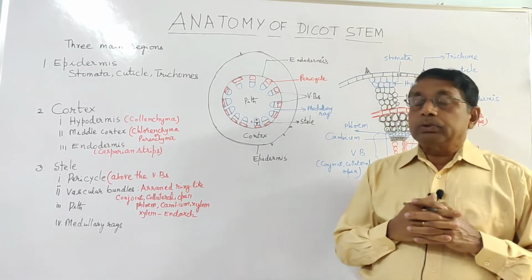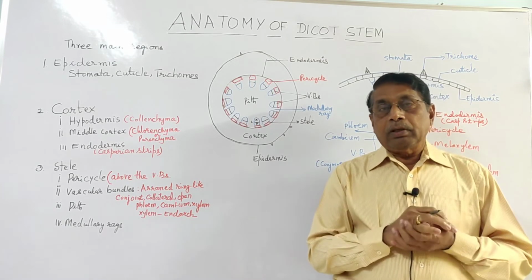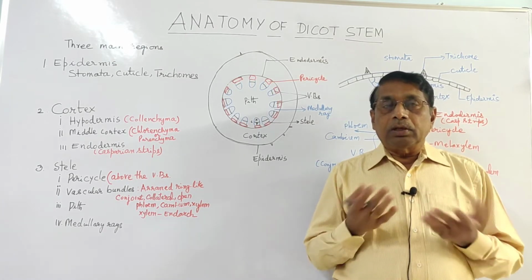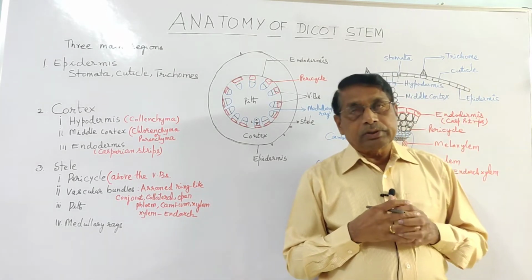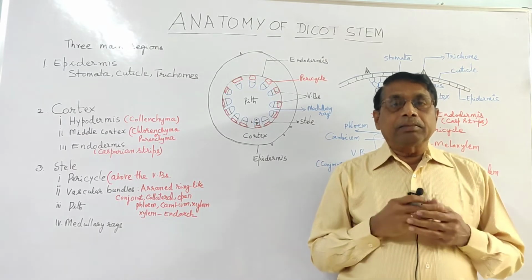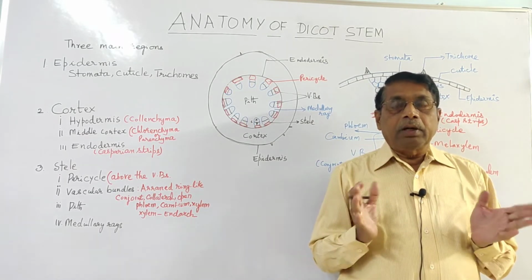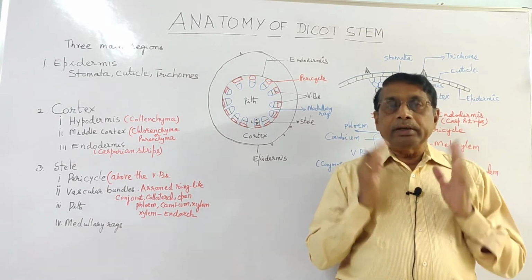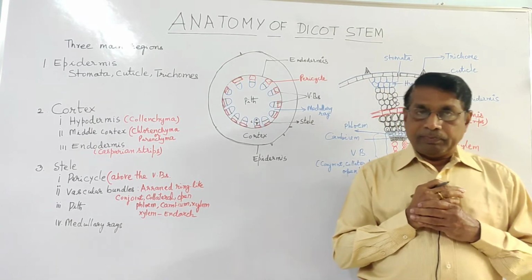You will be asked to take a thin section of the dicot stem, prepare a temporary slide, observe under the microscope, identify the different parts, draw the diagram, label the parts, describe, and finally you have to write how did you identify that it is the dicot stem.